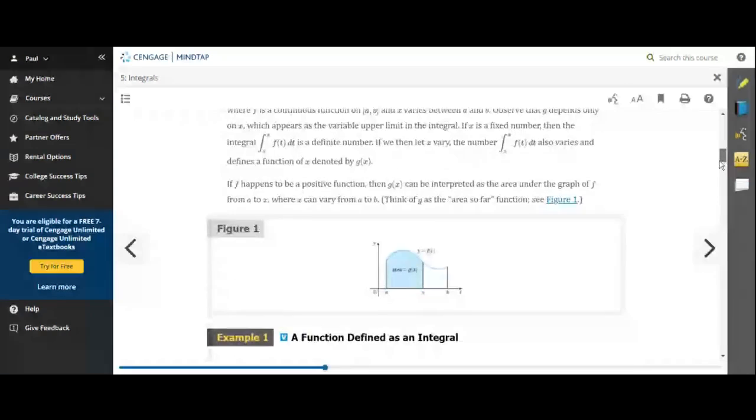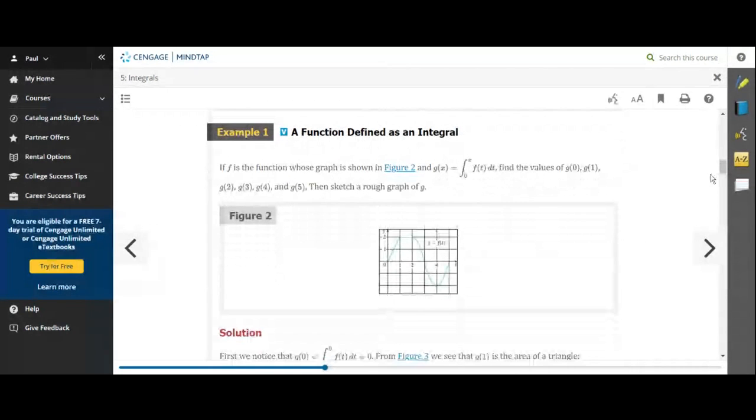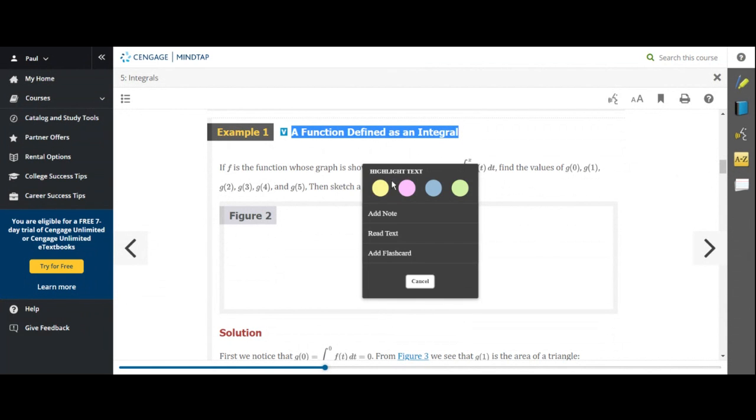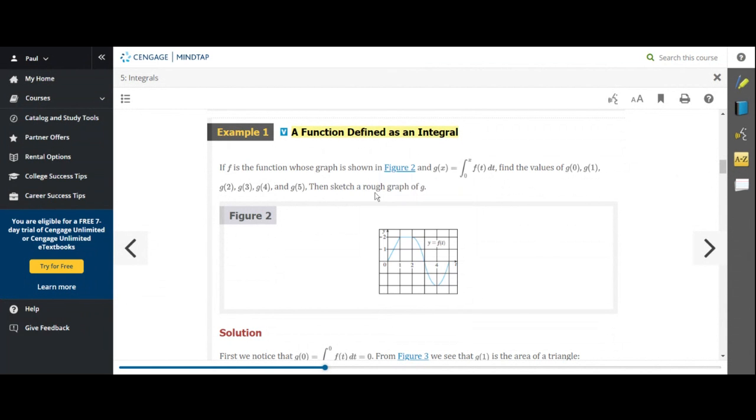In example 1, they talk about a function defined as an integral. They define this g of x function as the integral from 0 to x of f of t dt. Now, if g is a function of x, then as x varies, g should change too, right?